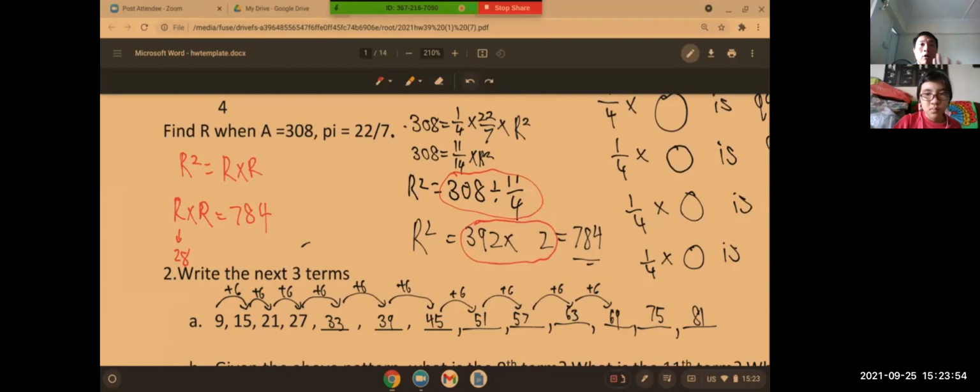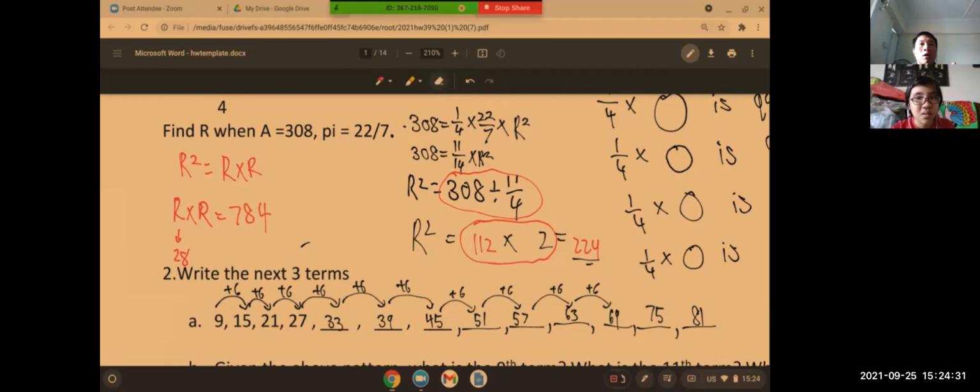Which one is wrong? Just correct it on the spot. Fast. Wait, 392 times 2 is 112. I'm asking you, where do you get the 392 times 2 from? Where do you get the times 2 from?